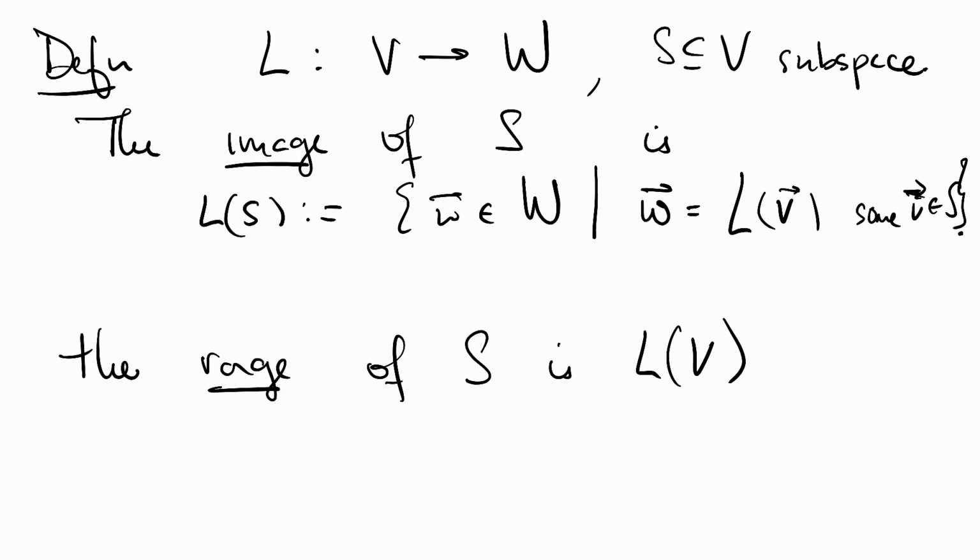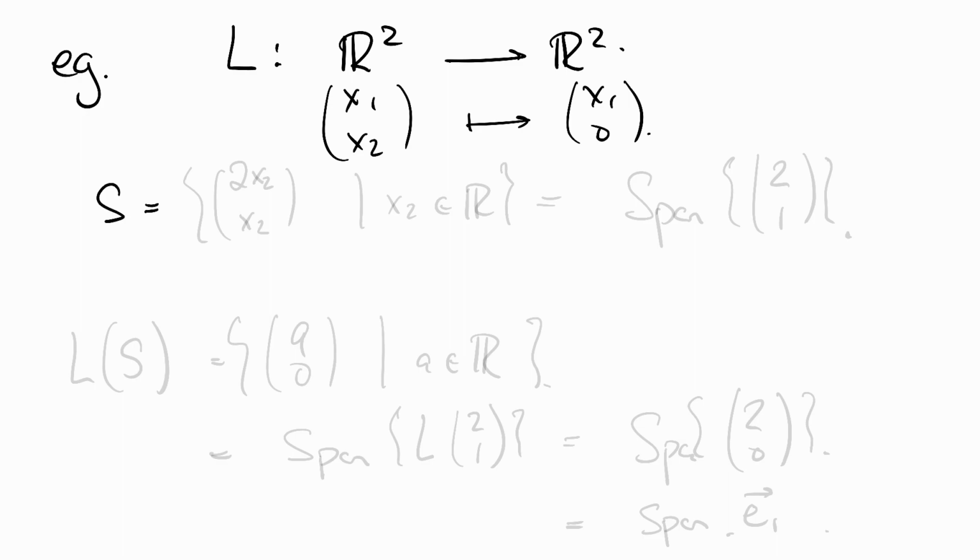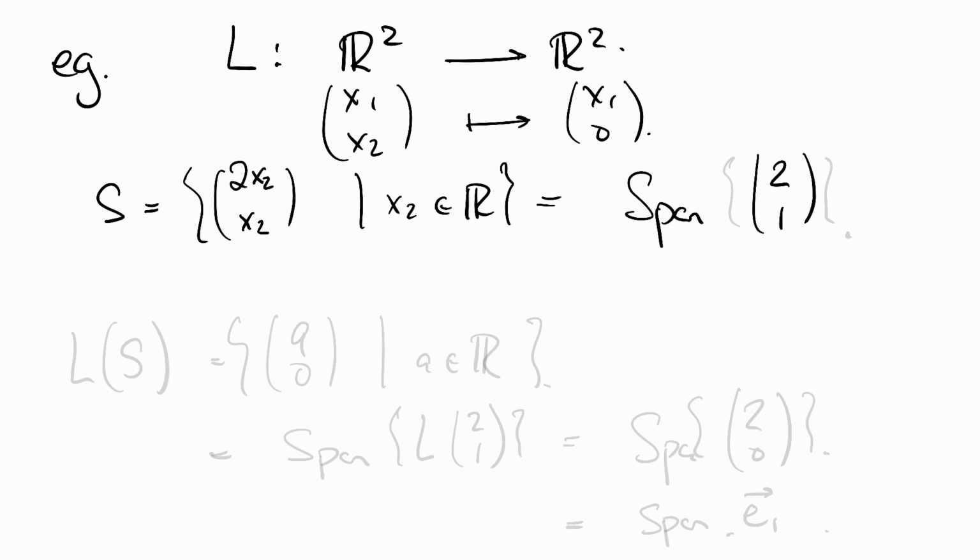Okay, let's do an example. Say L is a linear transformation from R2 to R2. It's the same one that we did before. (x1, x2) gets sent to (x1, 0). Say S is the subspace that looks like so, (2x2, x2), where x2, of course, is some real number. Said otherwise, this is the span of the vector (2, 1).